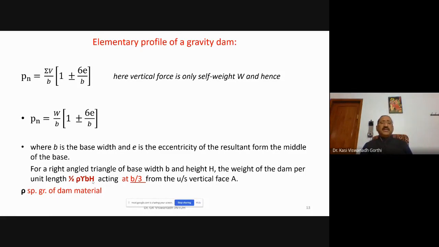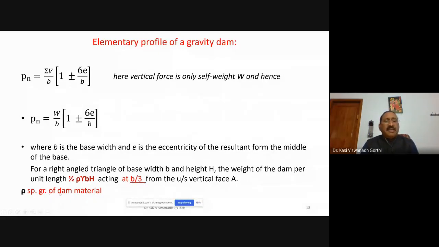This specific weight of the dam material may be taken as the specific gravity of the dam material multiplied by the unit weight of water, rho gamma. So rho is the specific gravity of the dam material, and gamma the unit weight of water, giving the total weight. This weight acts at a distance of b by 3 from the upstream vertical face.